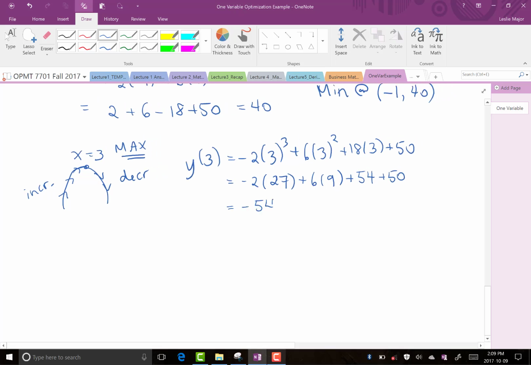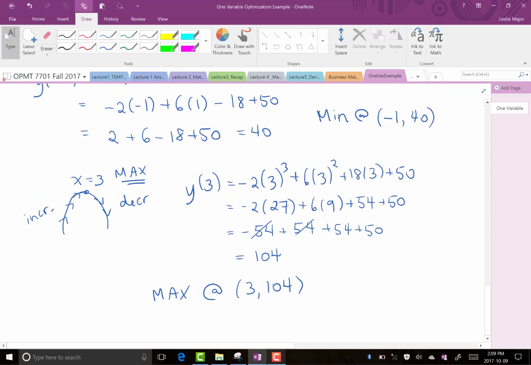Gives us minus 54, plus 54, plus another 54 plus 50. Those two cancel. We're left with 104. So we have a max at 3,104. Notice, you'll know if you've done something right if your maximum coordinate is higher than your minimum. It should be.